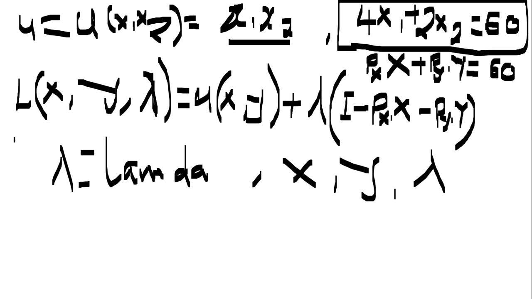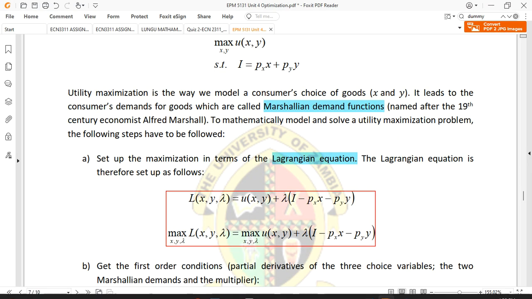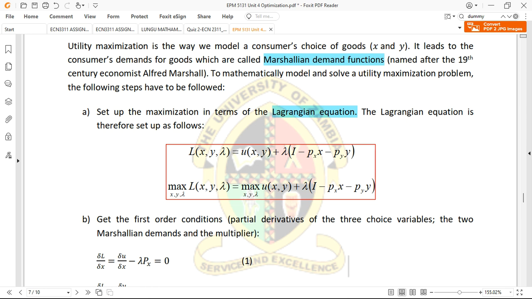Then we are going to see what follows. So let's try to use the notes. What we've done is set up this function here, the function L, which is going to contain three things: x, y, and lambda.